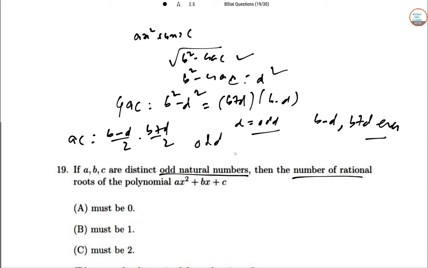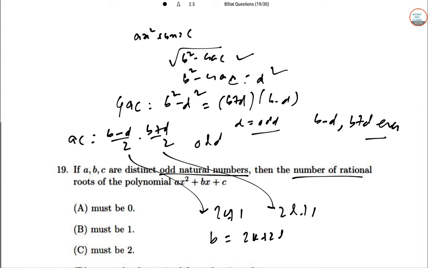So b minus d by 2 we can take as 2k plus 1, and this is like 2l plus 1. But b equal to 2k plus 2l plus 2 in this way, which is not possible. Hence answer is 0. So there is no rational root.